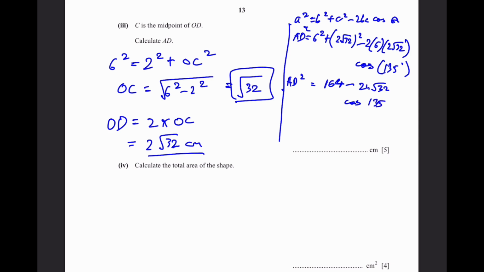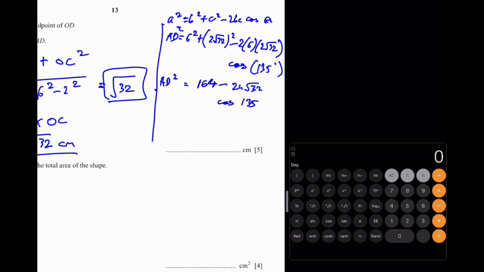Now we can use our calculator to evaluate this. So we can do 24 times root 32, and then times cosine of 135 to get exactly negative 96.